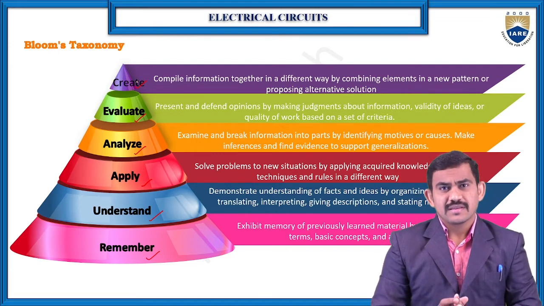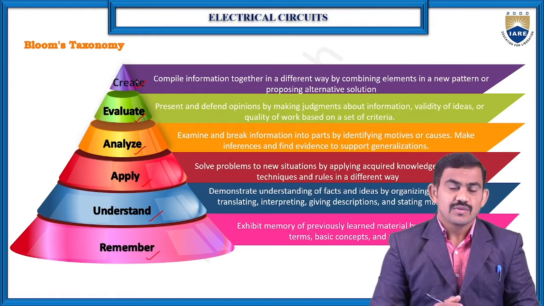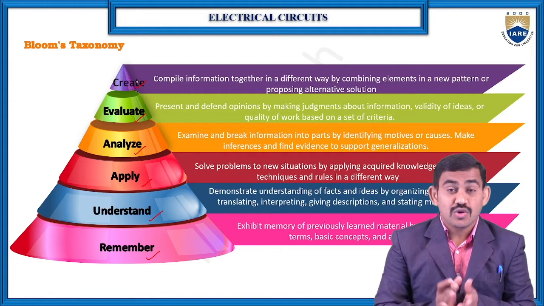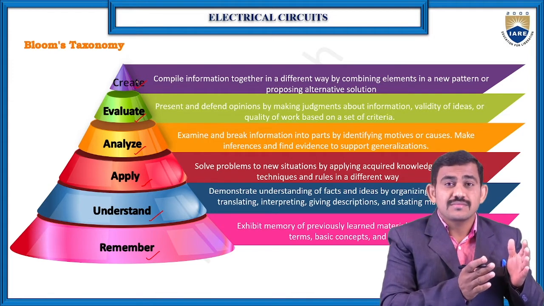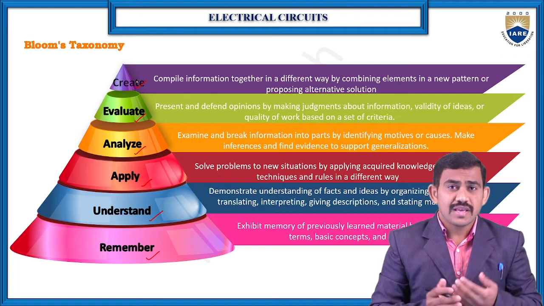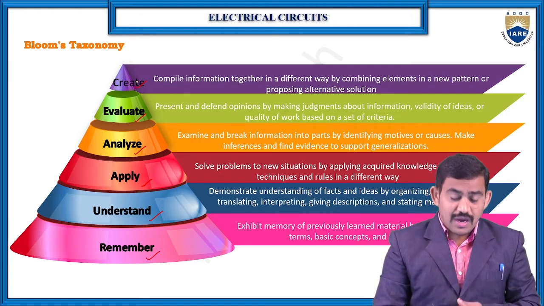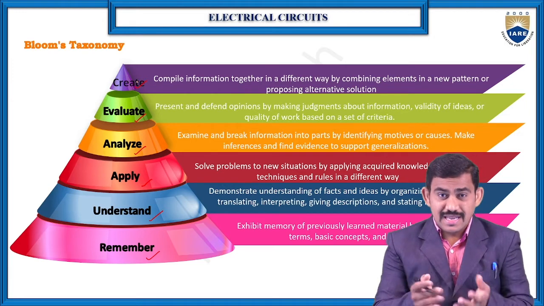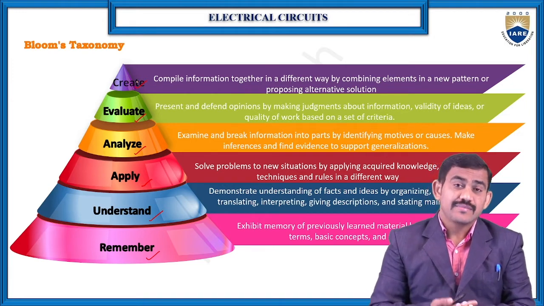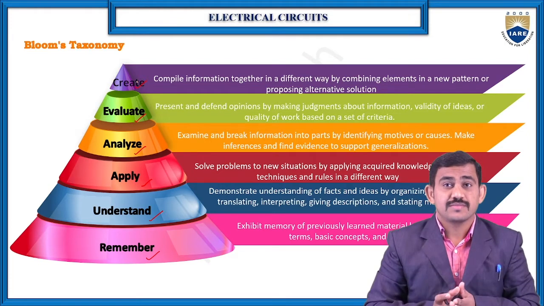Remember means, in our course, Faraday's law, Ohm's law, Kirchhoff's law; those are related to recall. I need to remember those topics. Coming to understand, analyses like star to delta, delta to star, mesh analysis, nodal and theorems; I need to understand those topics.